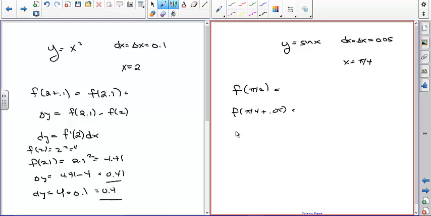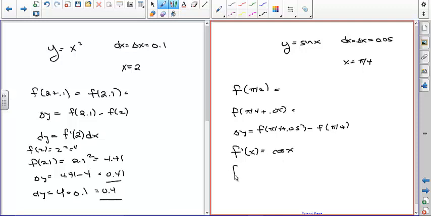Then delta y is going to be the value of the function at x plus delta x. So you'll take that value and subtract the value of the function at the original point. And then you'll calculate the derivative. f prime of x is going to be the cosine of x.